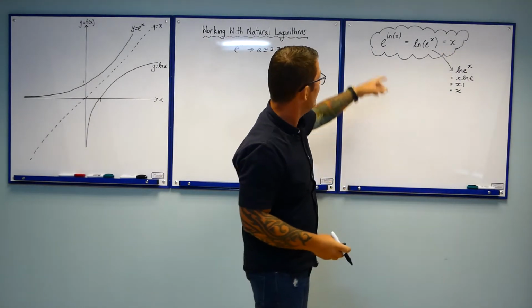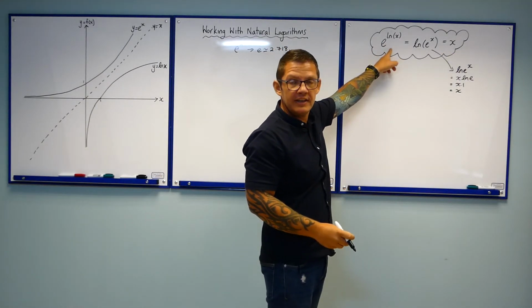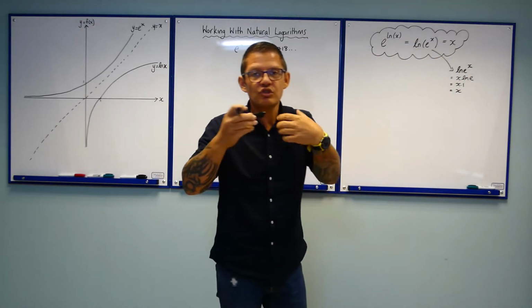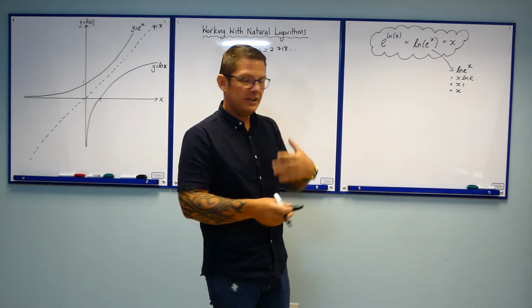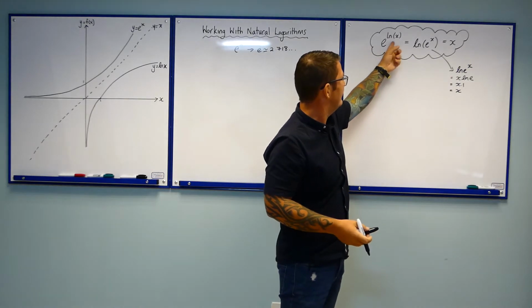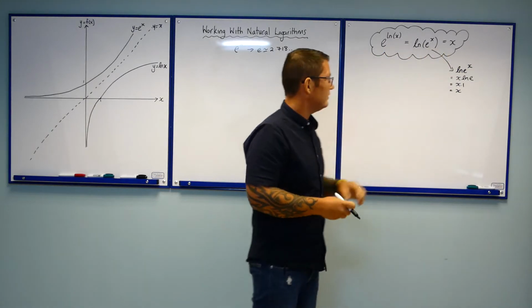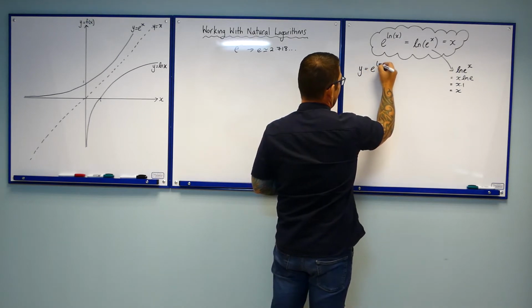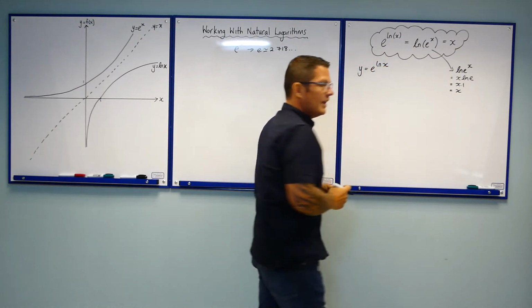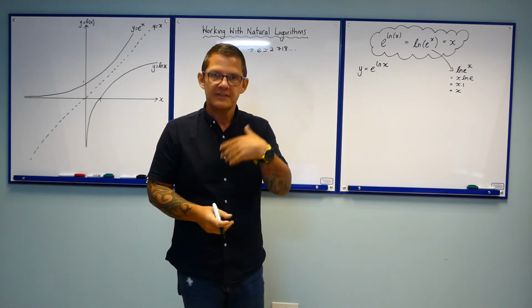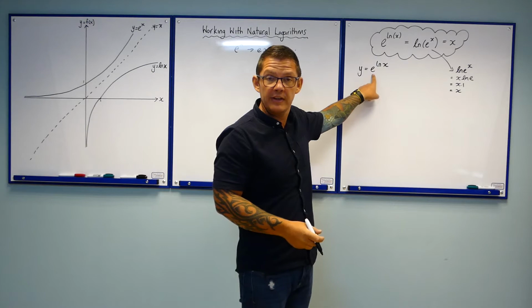What about this one here? e to the ln x. We're saying that's also equal to x. I'm going to show you the steps, because we've done enough now that you can see why this is also true. If I let y be equal to e to the ln x, then, as we've done before, I'm going to take logs of both sides, but natural logarithms because I'm involving e.